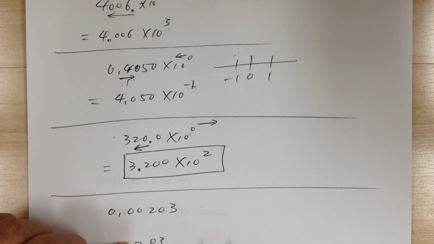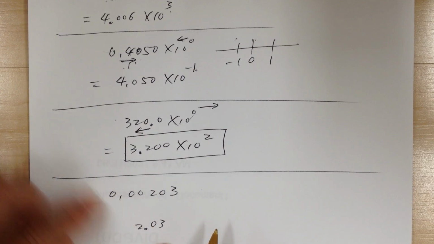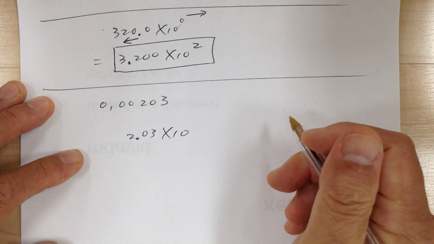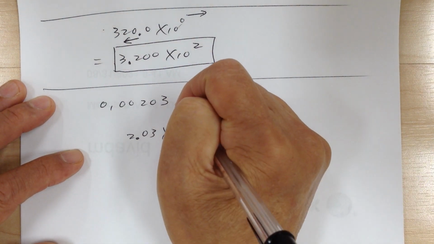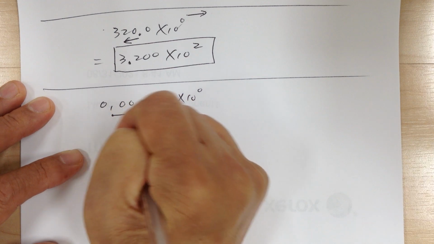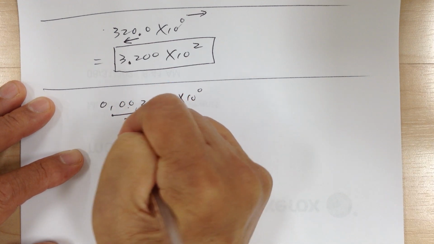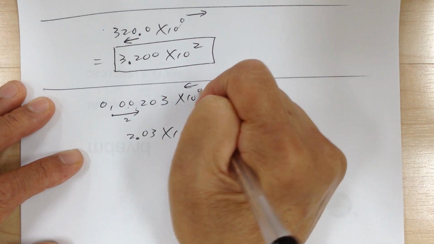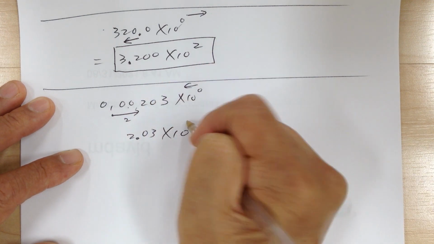The first digit has to be 1 through 9, point something something, times 10 to the something. Again, this is times 10 to the 0. You move the decimal 2 places this way, then you have to move the exponent 2 this way. Starting at 0, you move 2 this way, it becomes -2.